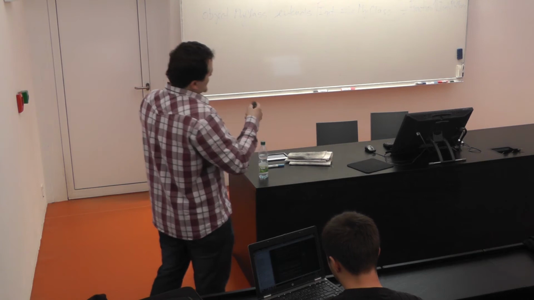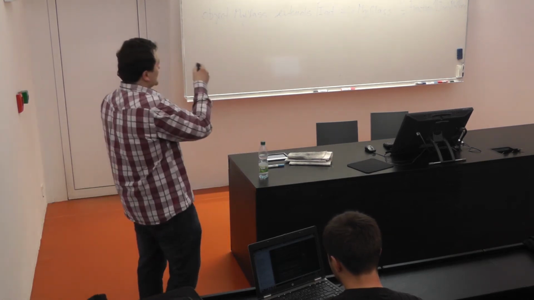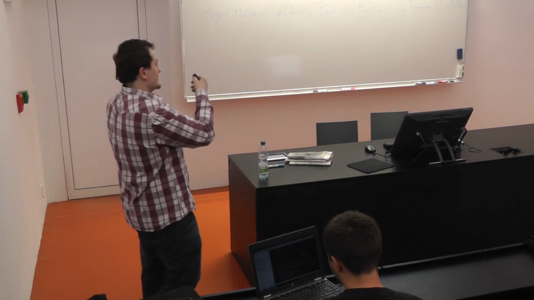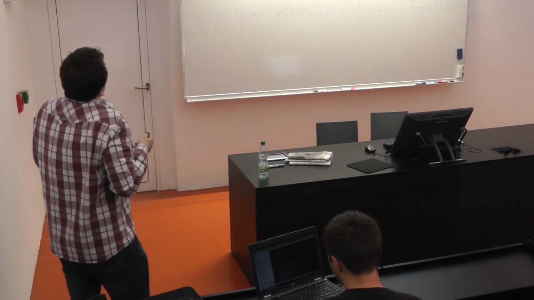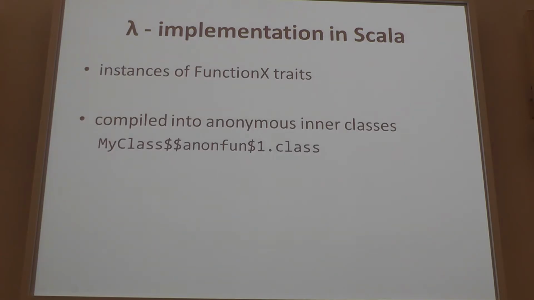I think you can change it to Java 7, but I don't think it changes anything but the magic number at the start of the class file. So there are interfaces or traits Function1 to Function22, and in the JVM up to Java 7 there is really nothing else you can do but to compile those lambda expressions to inner classes of the classes where you define them.